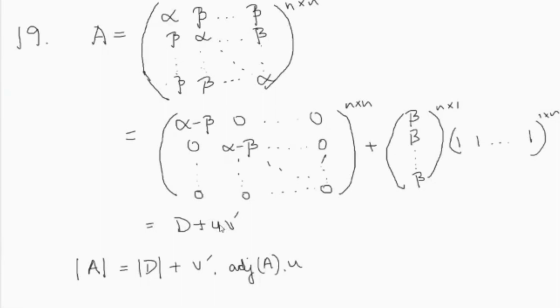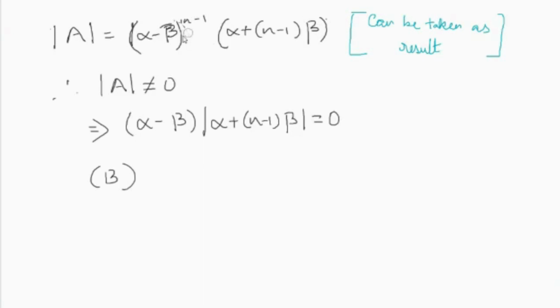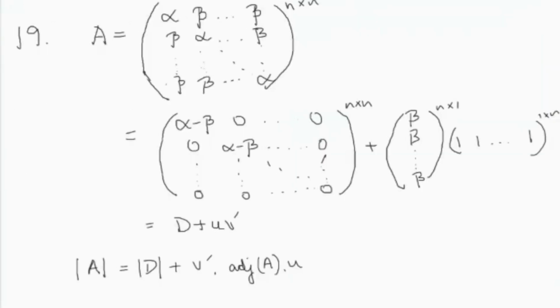And now determinant A comes out to be determinant D plus V transpose into adjoint A into U. This is a result I'm using here. And it can actually be written down in this form. You can try it out yourself by adding all the row elements, and in the first column you'll be getting alpha plus n minus 1 into beta.